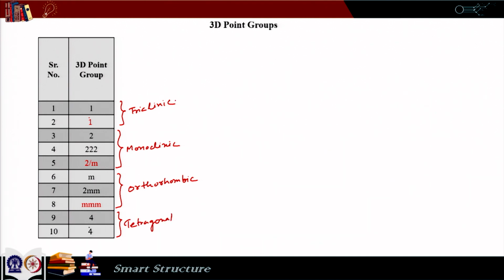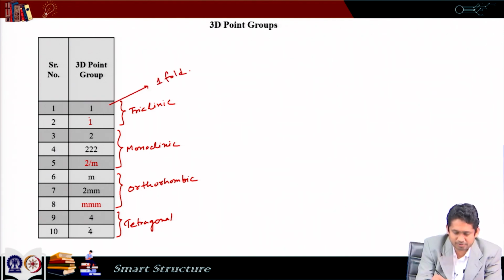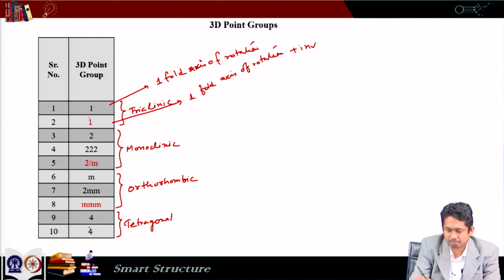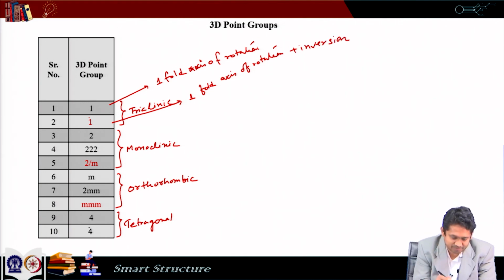Now, this just means that it has a one-fold axis of rotation, and this means a 1-fold axis of rotation plus inversion. So, it is a roto inversion, a 1-fold axis of roto inversion.